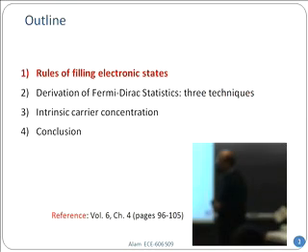Now, what I'll be doing is explaining that there are some rules for filling these electronic states by electrons. Of course, these rules tell you what distribution is most probable. And we'll do that. The next one will be Fermi Dirac Statistics. We'll try to derive it, but we'll derive it in 3 techniques.